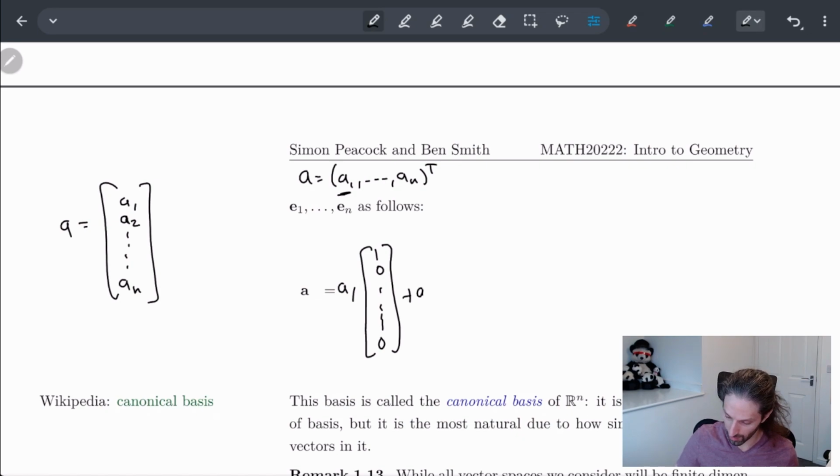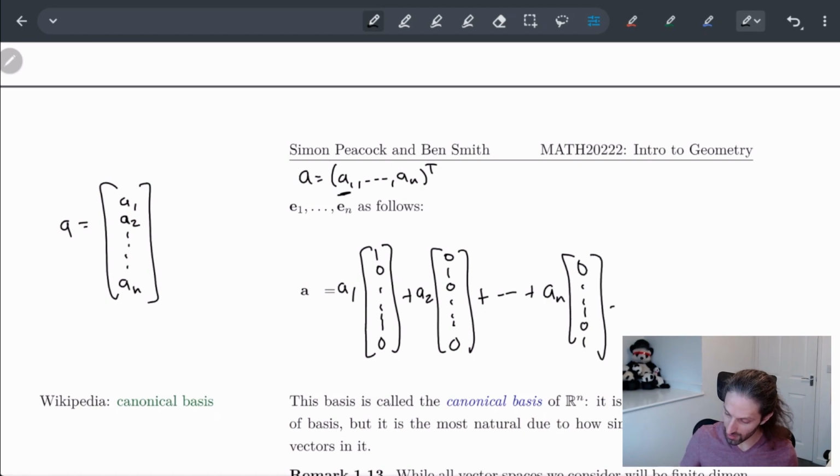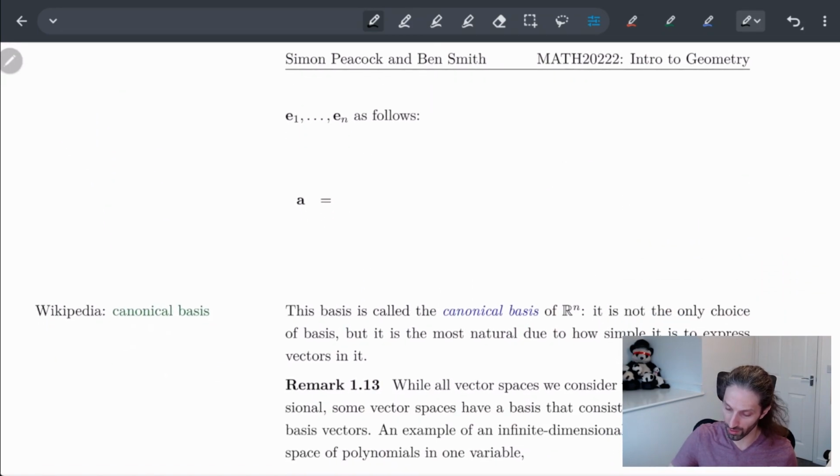Then I can add a2 in the second entry, etc., all the way up to an. And this already gives us exactly the basis we have been talking about: a1 e1 plus a2 e2 plus ... plus an en. And so this we call the canonical basis.